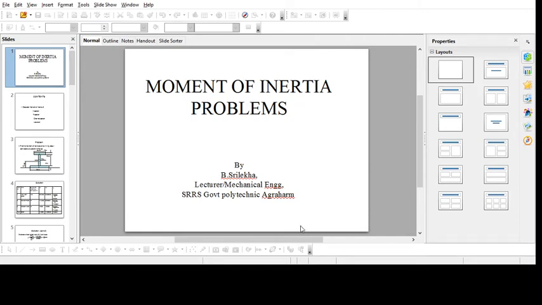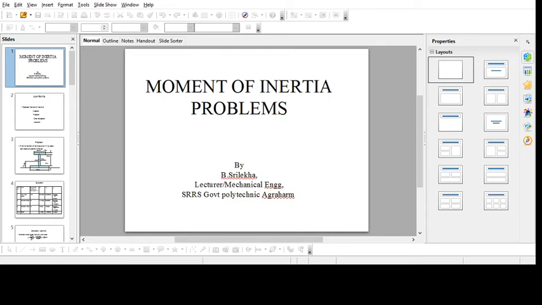So on calculating everything, you will get the value as 2 into 63,888 plus 46,189.44 plus 1,22,784.